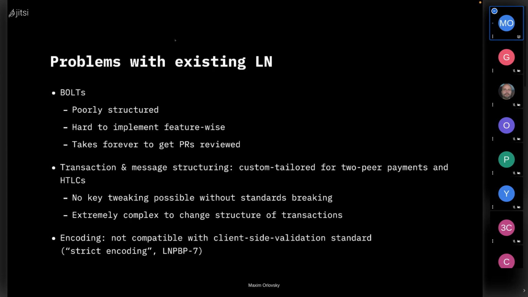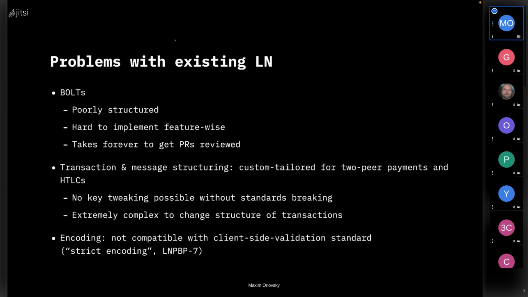It wasn't only problems with the standards that kept us frustrated with our attempts at changing the Lightning Network. The problem is that the transaction and message structuring of Lightning Network is custom tailored for two-peer payments, and basically it is a payment network based purely on HTLCs.